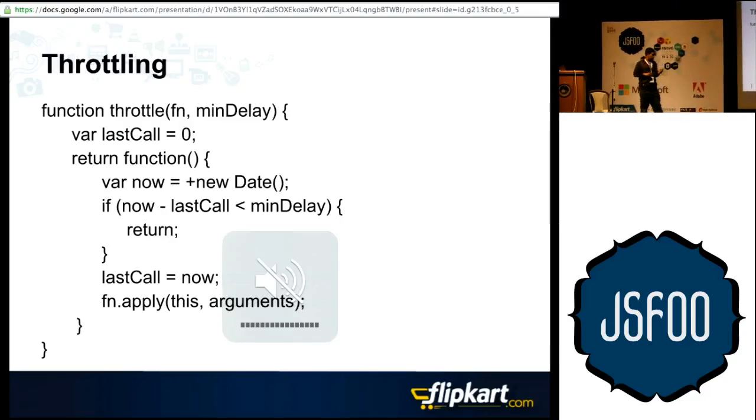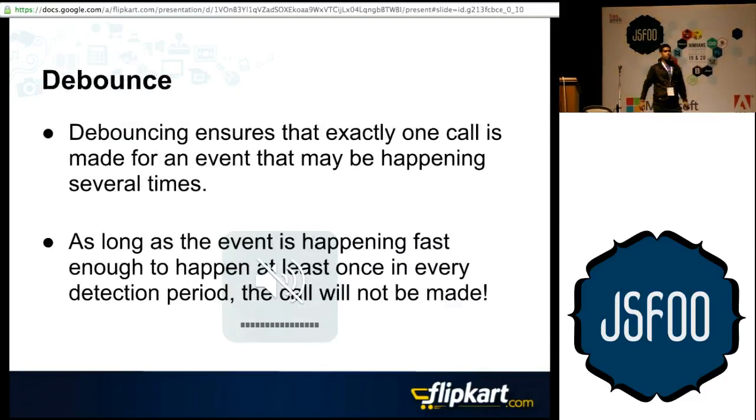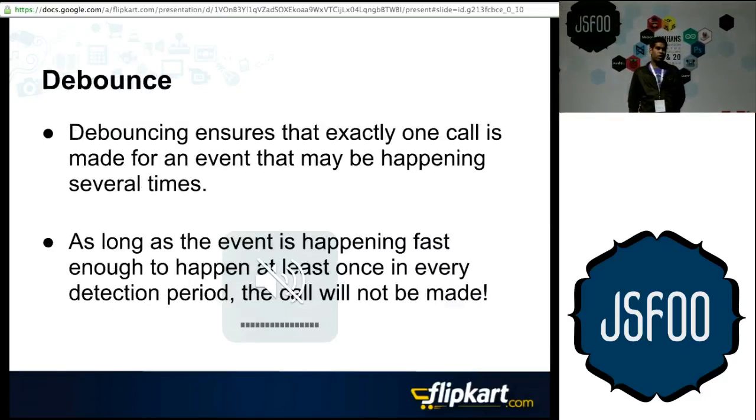And a slightly different thing is called debounce. This is useful whenever you are making continuous Ajax calls on every event. For example, say you have an input box, a search box, and the user keeps typing. The user might be very fast in typing. As soon as he types the first character, on key press you make an Ajax call to the backend to get the auto suggest results to display to him.